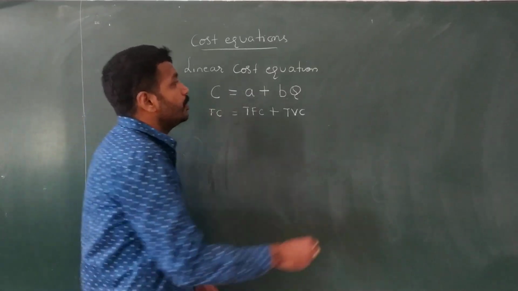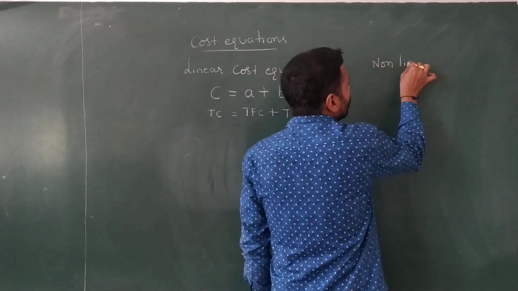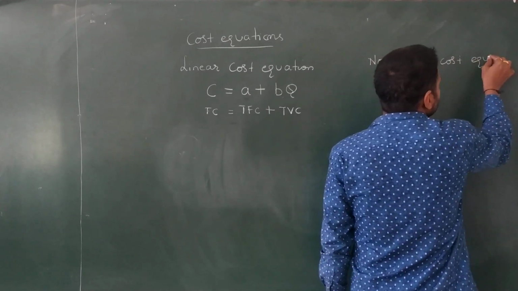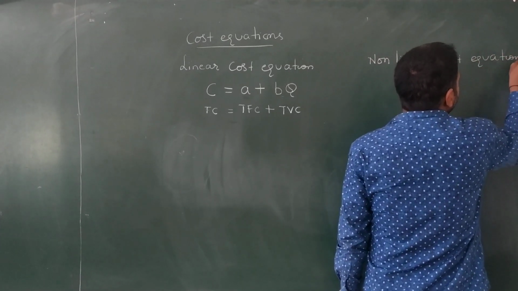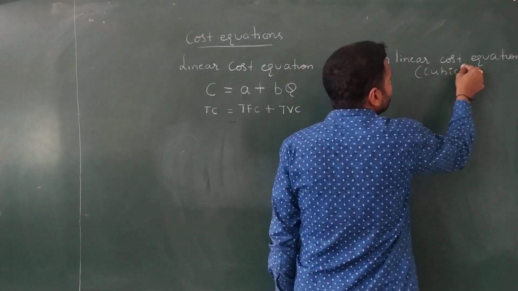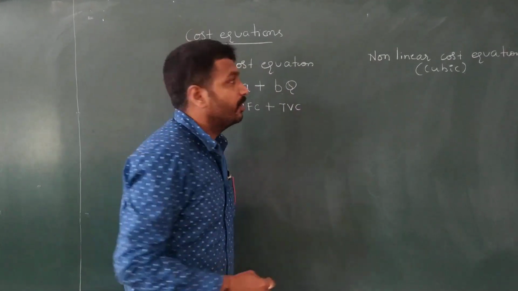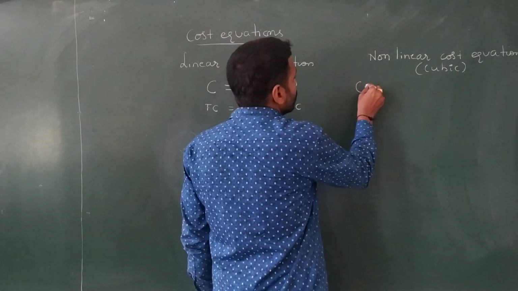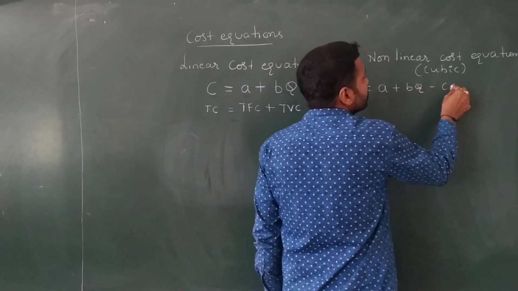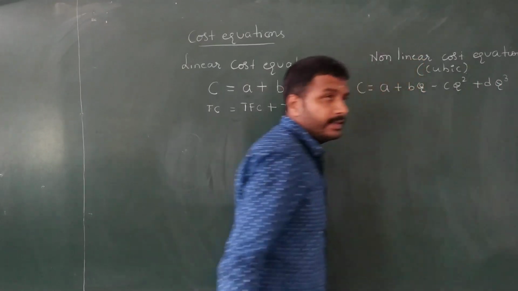Non-linear cost equation also we considered, which is cubic in nature, in the sense the highest degree is 3, and cost is equal to A + BQ - CQ² + DQ³.